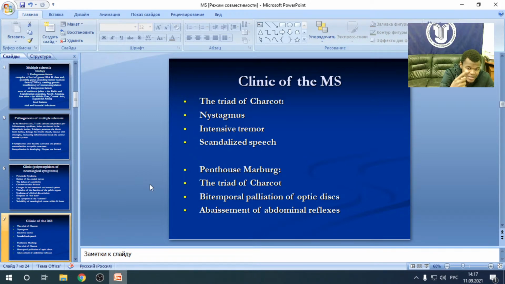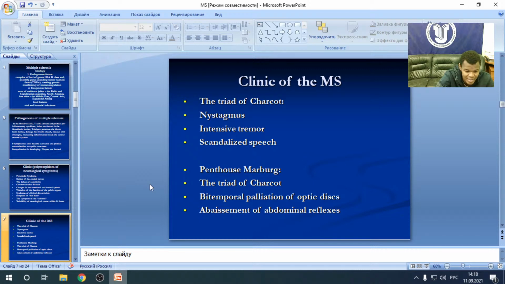When we talk about nystagmus, you ask the patient to look to that side, and you are going to see fast movements, tick, tick, tick, tick, like this. This one is called nystagmus, or intention tremor.